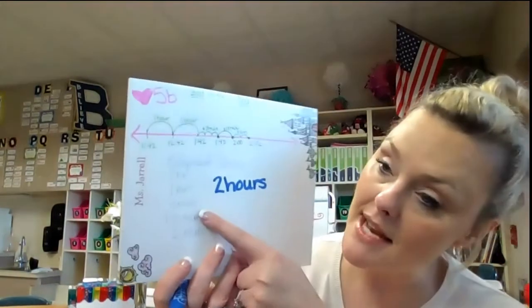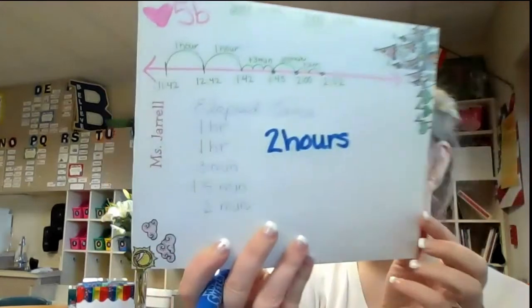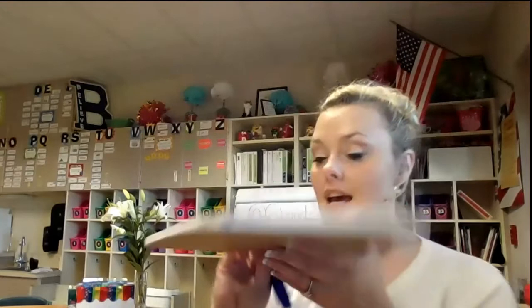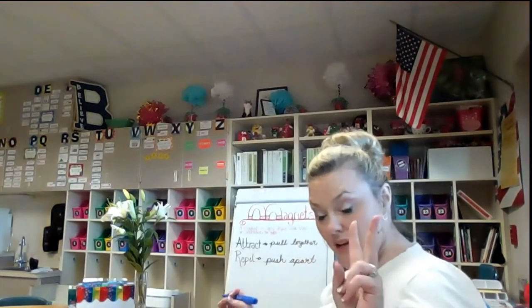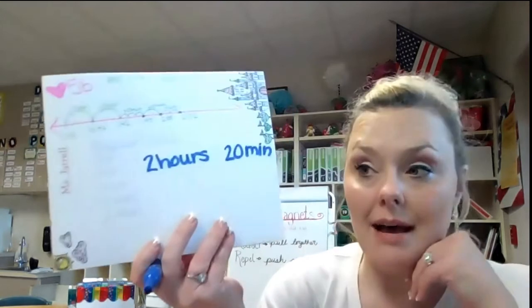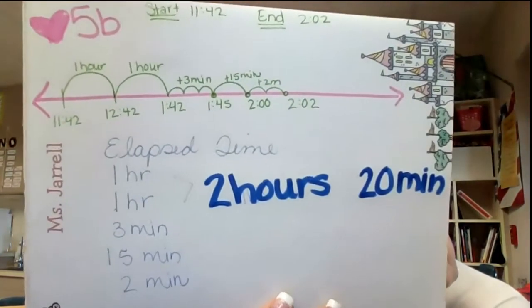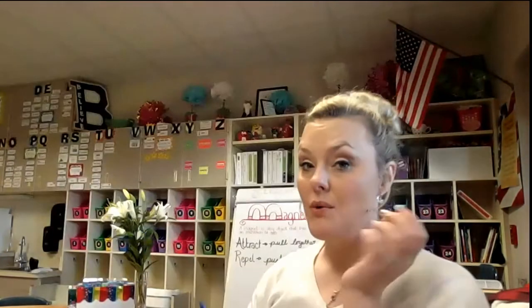I have 3 minutes, 15 minutes, and 2 minutes. And when I add 3 plus 2, I get 5. And 15 plus 5 is 20. So 2 hours and 20 minutes would be my elapsed time. That's the time from the start to the end. So that is if you wanted to tell me in hours and minutes.